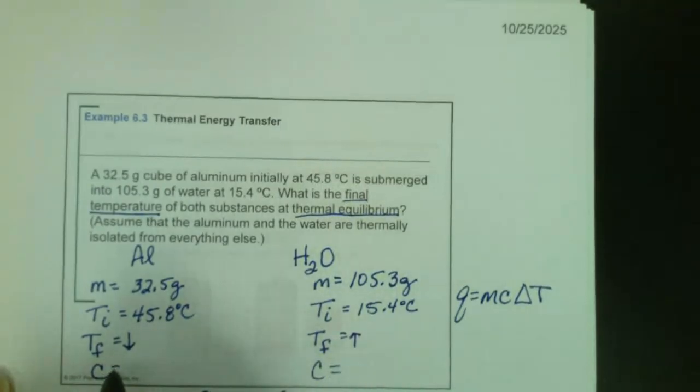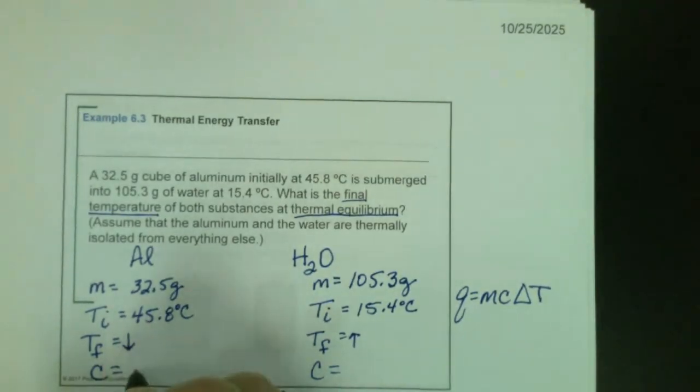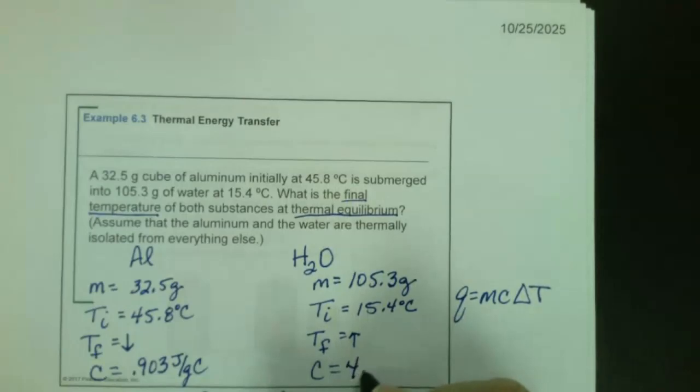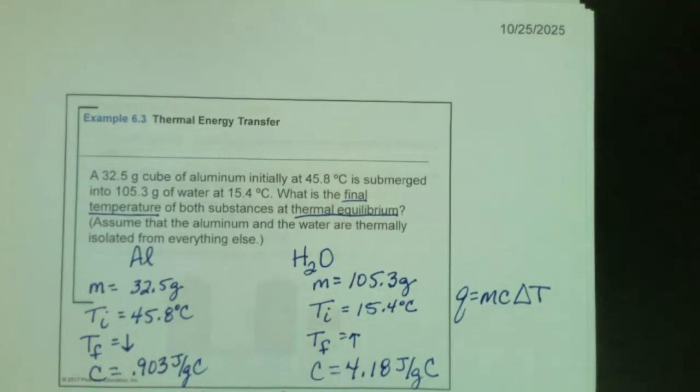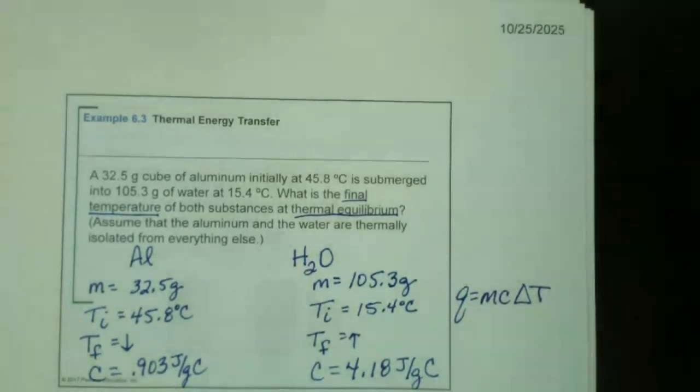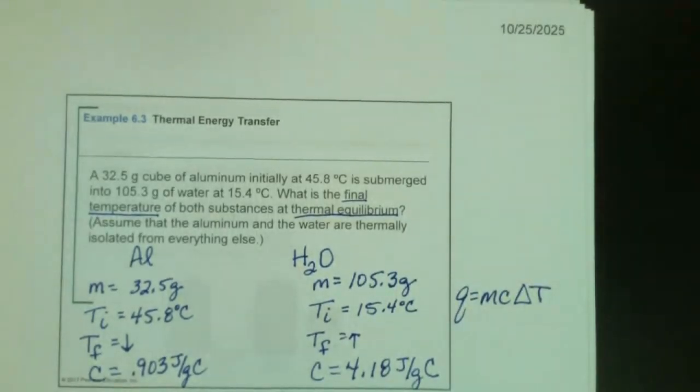And remember, C is the chart value, specific heat capacity, so we need to look that up on a chart. We see that for aluminum, that's 0.903 joules per gram Celsius. And for water, it's 4.18 joules per gram Celsius. Okay. Now, to give me a little more room to write here, I'm going to add in some notebook paper.